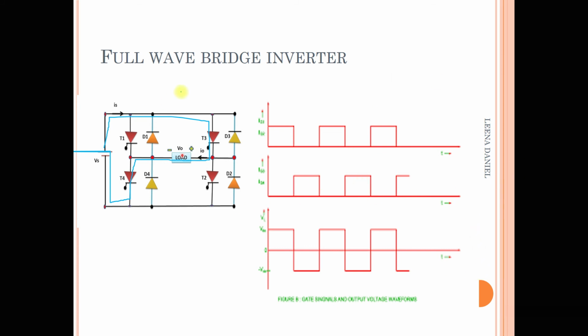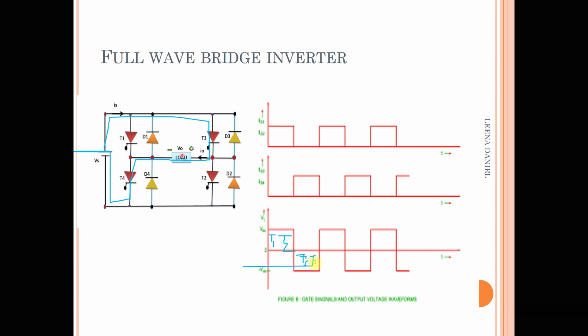And here at a time we will trigger two thyristors. So for creating the positive half, T1 and T2 would conduct, and for the negative half, T3 and T4 would conduct. What is the advantage of this full wave bridge inverter?